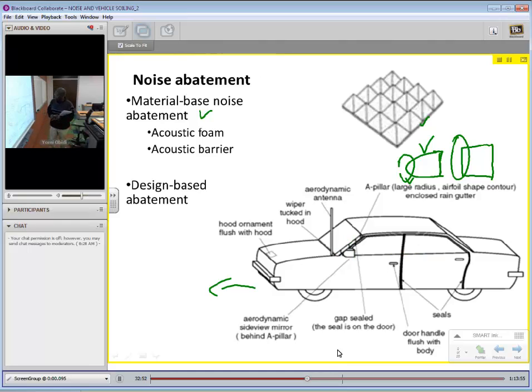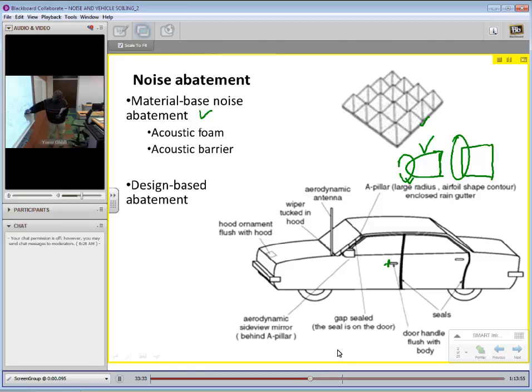And of course, we want to seal the gaps. The gaps need to be sealed, including the gaps here on the outside of the body, the interface of the body and the glass. These are gaps. These are all other gaps too. The door handle must be flush with the body. Well, it's good to have the door handle flush with the body, but you can still reduce noise actually without having the door handle flush with the body. But it should follow an aerodynamic profile. So whether it's flush with the body or not, it should be such that it does not cause flow to be deflected here.